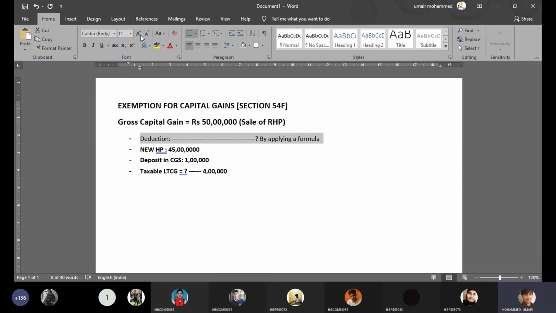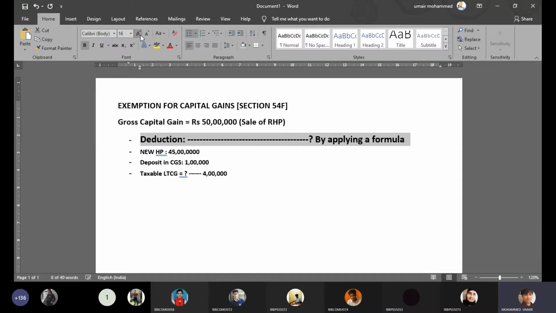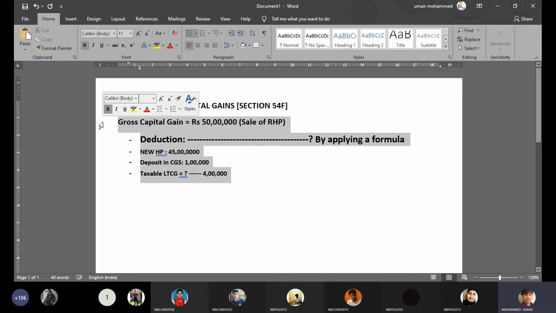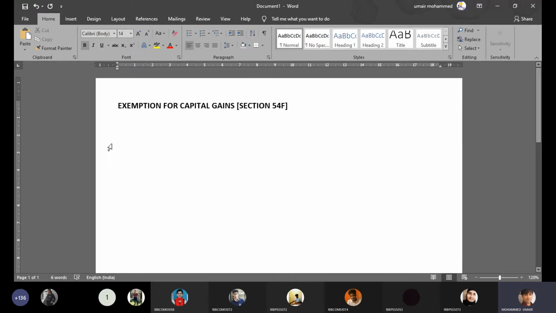That is what makes this section quite unique and different, because in no other section we have discussed so far do we use a formula for calculating deduction, but this is the only section in which the deduction amount is calculated with the help of a formula. So this is something you have to remember, that in section 54F we calculate deduction by using a formula or an equation. Now what is this section 54F?